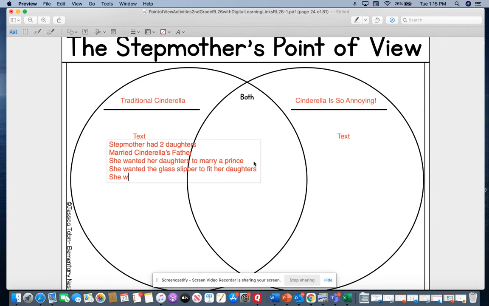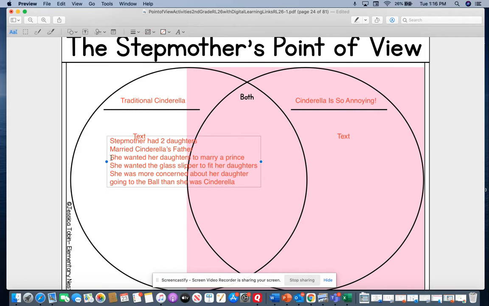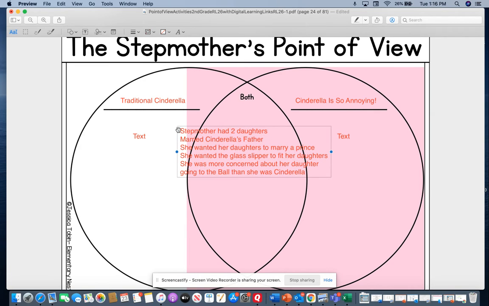And she was more concerned about her daughters going to the ball than she was Cinderella. So these were similarities. This was something that we saw in both of the stories.